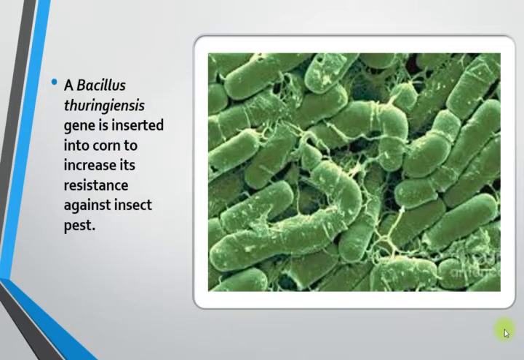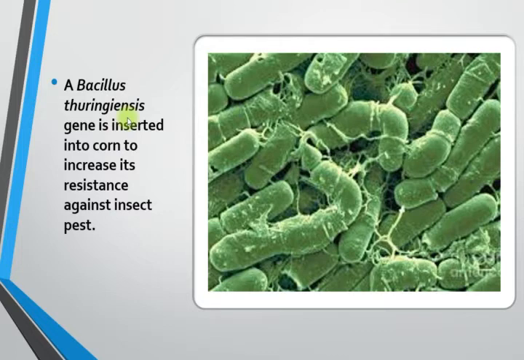Okay, so let's go to the example of the GMF, genetically modified food. The example is in corn production. Right, so a Bacillus thuringiensis. What is a Bacillus thuringiensis?